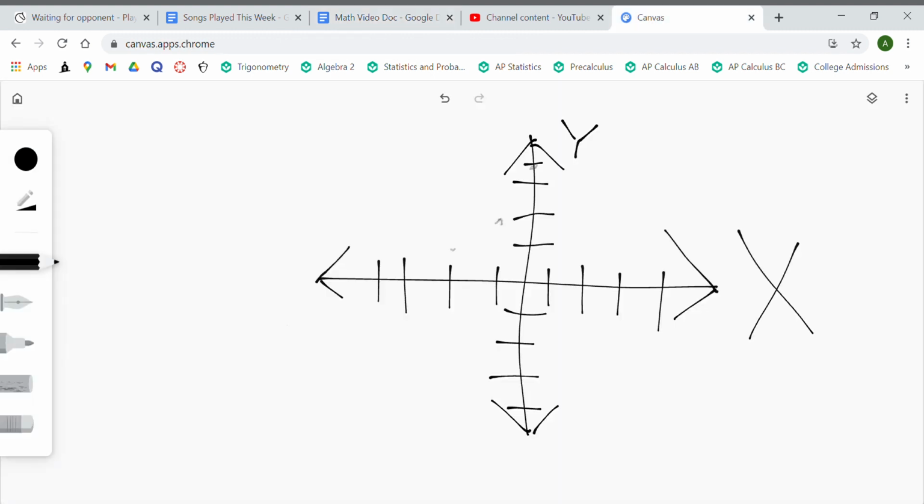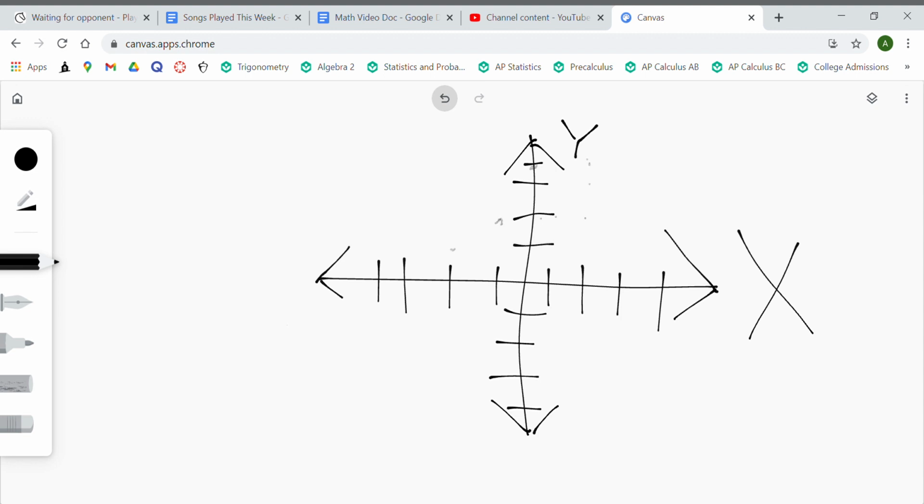So we unfortunately cannot do that with this y-intercept here. However, we can shift these 2 points over. So it's going to be 1, 2, 3, and 1, 2.